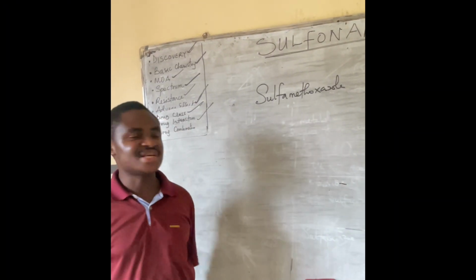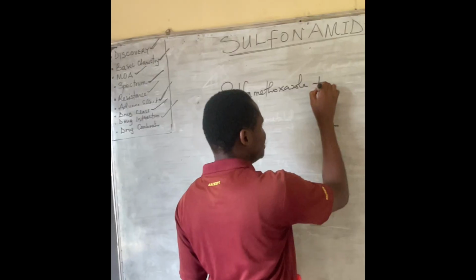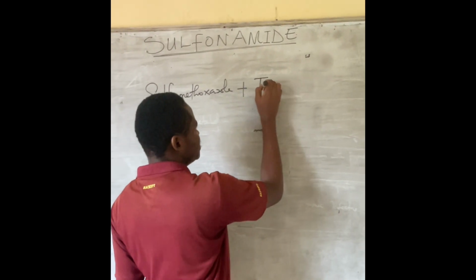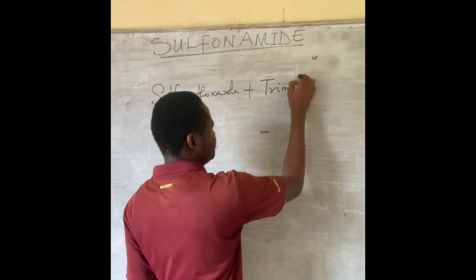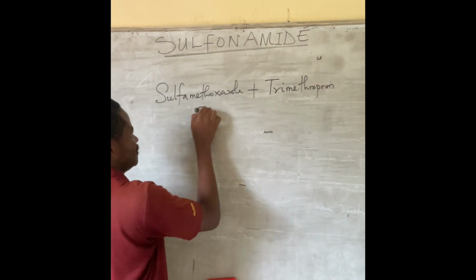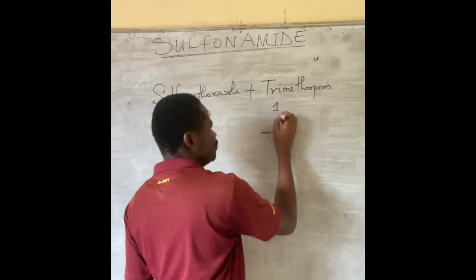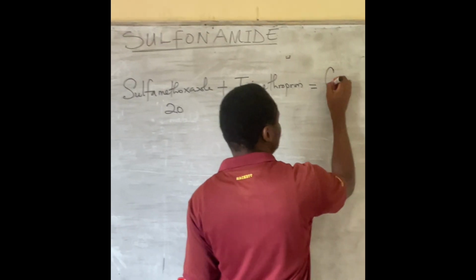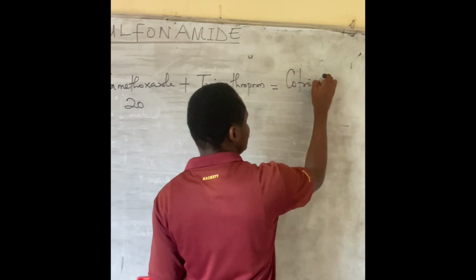So sulfamethoxazole here, if you make it in combination with trimethoprim in the ratio of 20:1, you form a combination called cotrimoxazole.